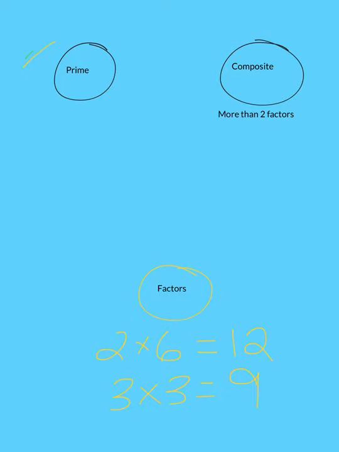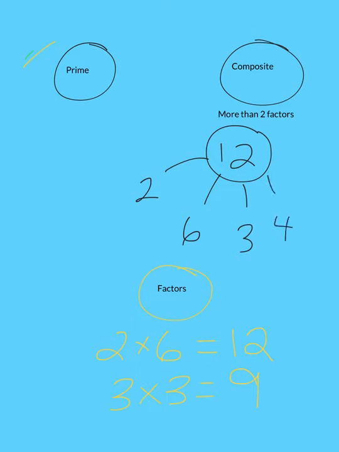So that would mean, for example, if we did the number 12 and we were trying to list all the factors of 12, we would say, okay, so again, 2 times 6 equals 12, so 2 and 6 are factors of 12. 3 times 4 equals 12, so 3 and 4 are factors of 12. And then lastly, don't forget about the number itself. So 12 times 1 equals 12, so 12 and 1 are factors of 12, making 12 a composite number because it has more than two factors.